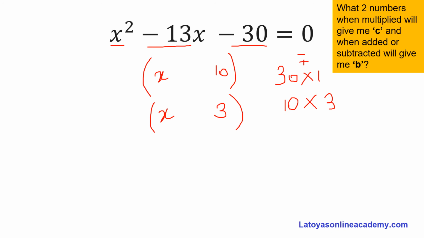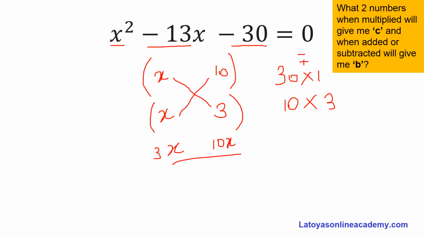Good. How am I going to be sure of what signs to use in my brackets? As I showed you before, we're going to cross multiply. We're going to say x by 3 or 3 by x. That's going to give me 3x. I'm going to say 10 by x, so x by 10, and that's going to give me 10x. Now, what can I do here to get minus 13x?